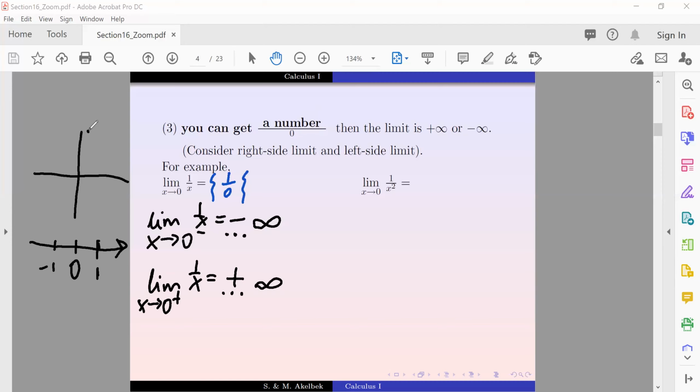It's a straightforward graph, like this, right? This is 1 over x. If I approach from the right side, I see that the limit goes to infinity, so my answer is correct. If I go to 0 from the left side, I see that the function goes to negative infinity. So I am good.